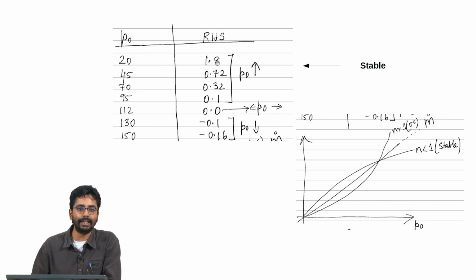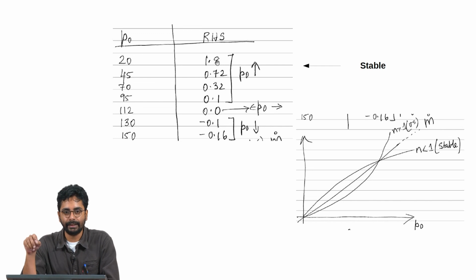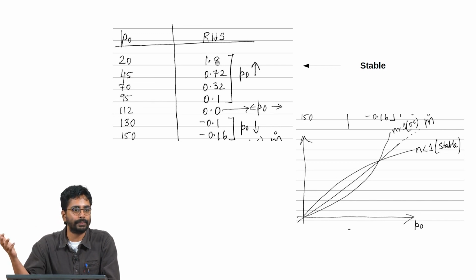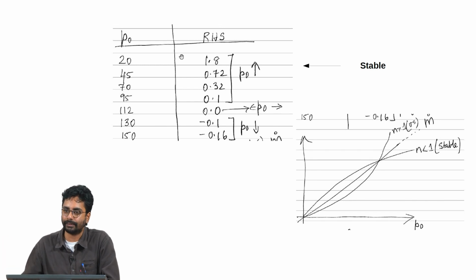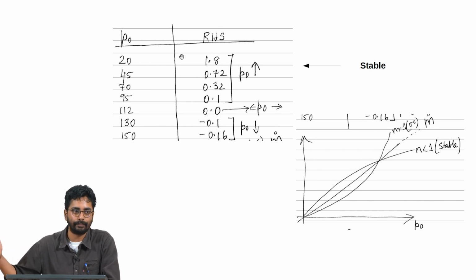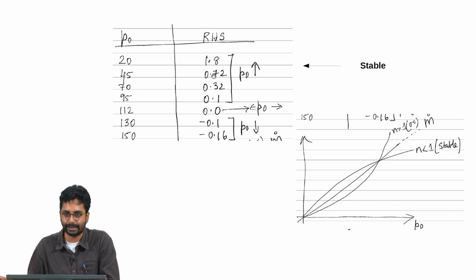So the left hand side is dPc/dt and the right hand side is a positive number. That means if you start from 20 atmospheres, dPc/dt is positive and the pressure will increase. The pressure will increase till a point where the right hand side becomes 0, because dPc/dt equals 0 means the pressure is constant, it cannot change once it reaches that point.